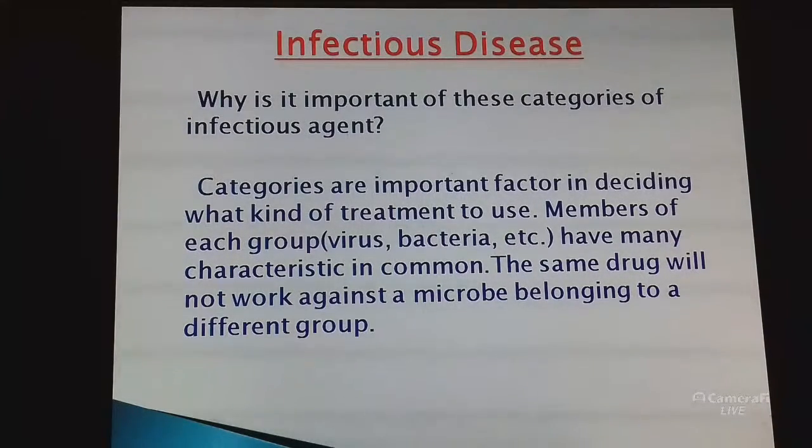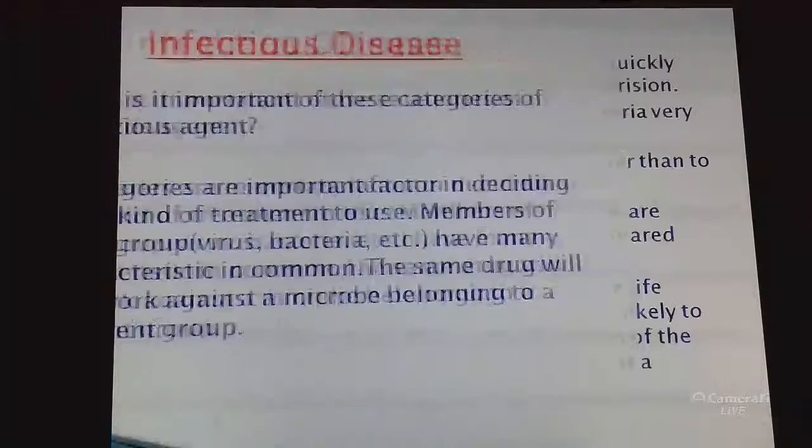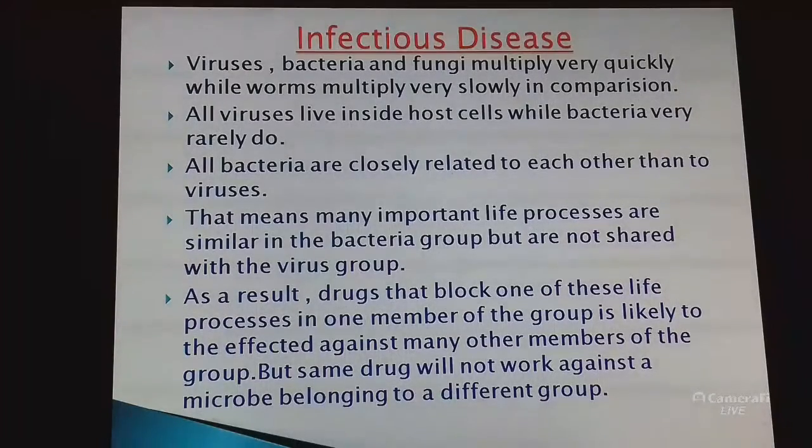That's why these categories of infectious agent are very important. Viruses, bacteria and fungi multiply very quickly, worms multiply very slowly.